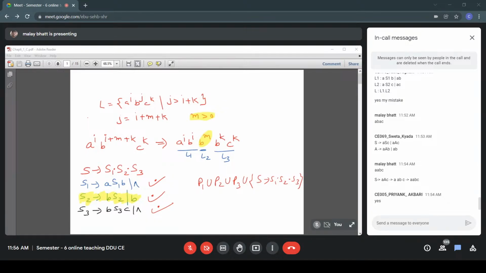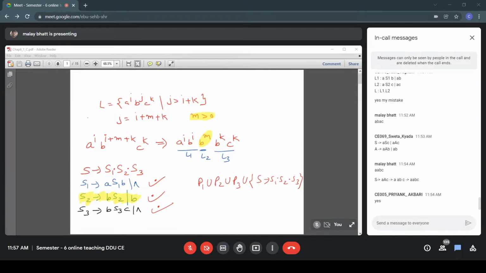So we'll take the first language L1 and take the starting symbol S1 of that language, and we'll write A S1 B or null. Here we are assuming that I and K can be greater than or equal to 0.